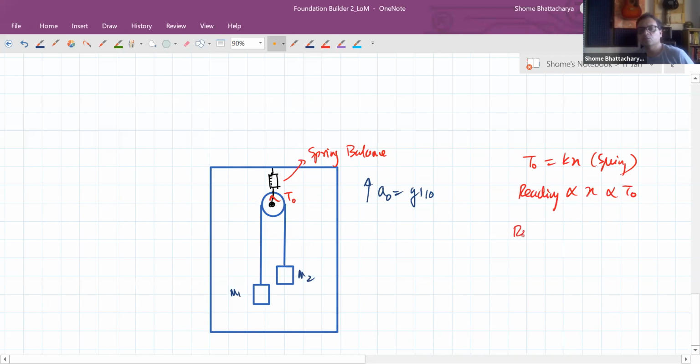In fact, the proper reading will be in kgs, so it will be equal to T naught divided by g, because T naught is equivalent to mass into g. So whatever tension in newtons divided by acceleration due to gravity in meters per second squared, that will be the reading that the spring balance is showing. Okay, this will be the reading for the spring balance.